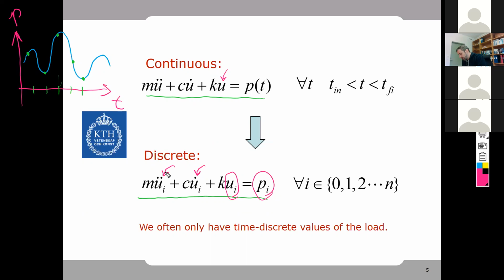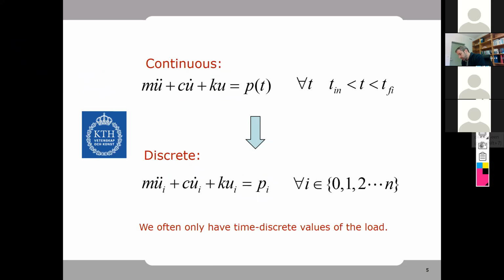So I would have a value for p, a value for u, the first derivative and the second derivative, for each time, for my initial time, and then for the next time that I choose, and the next, and the next, and so on, until however many I want to calculate.